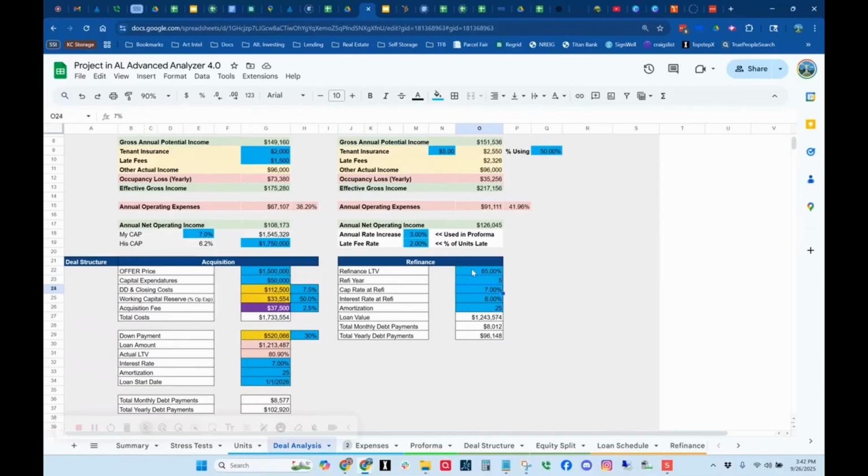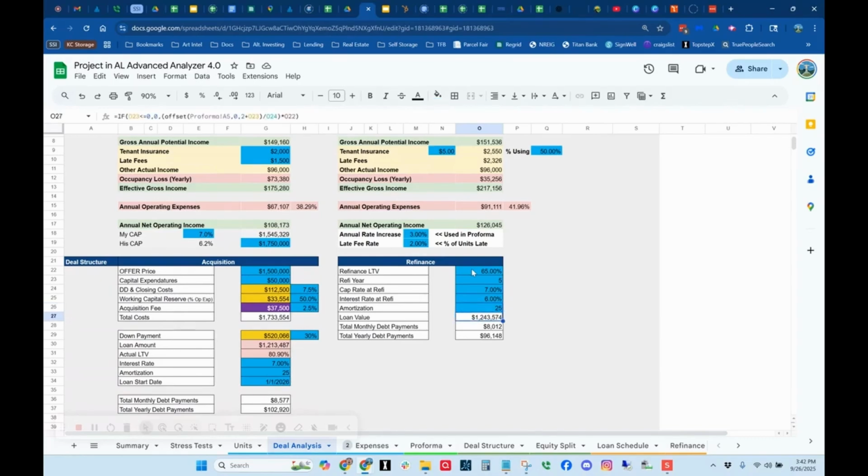And then the cap rate at the time that you refinance. So these are projections that you'll be using an educational guess on. So basically we're saying we're going to refi at a 7%. The interest rate when we refinance is going to be 6%. We're going to have an amortization of 25 years on that.